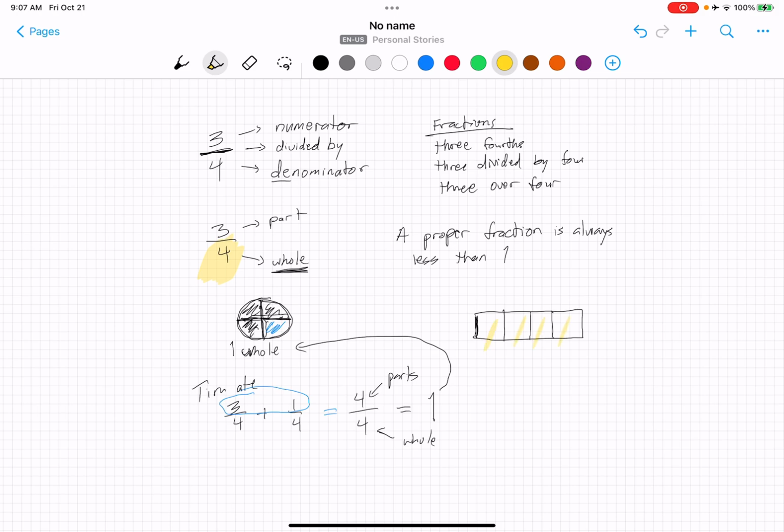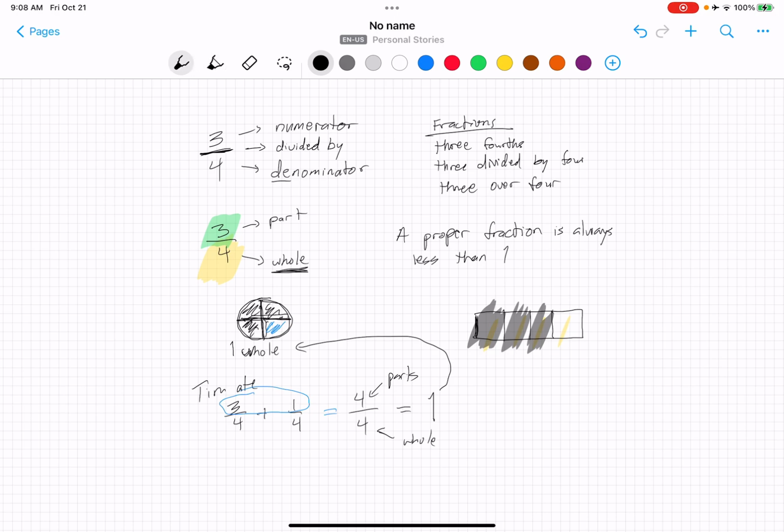Now, how many pieces do I want to have of this chocolate? I want 3 pieces. So again, I can say I want 1, 2, and 3. And so we can see that I have 3 pieces of the chocolate bar and I still have 1 piece left.